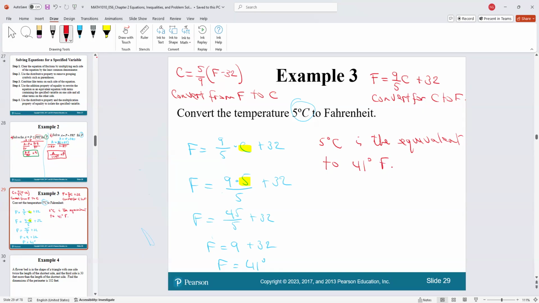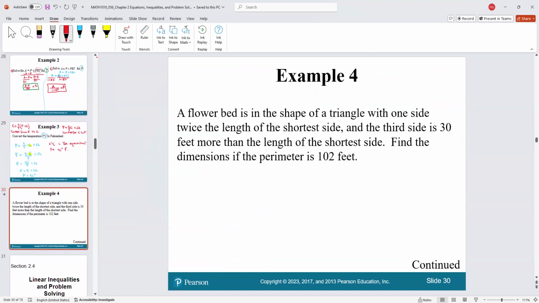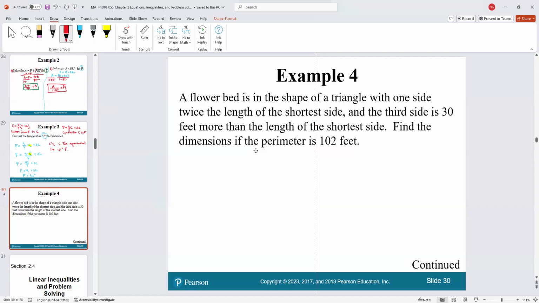And that's it. All right, so we can solve as many problems as possible, but we're going to go over another one very quickly. For this one, what they ask you to do: a flower bed is in the shape of a triangle. So we know about triangles.